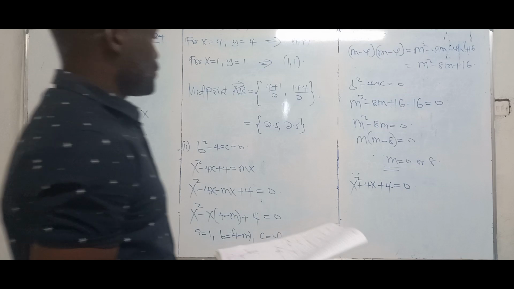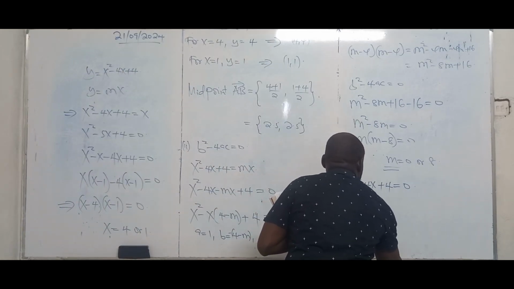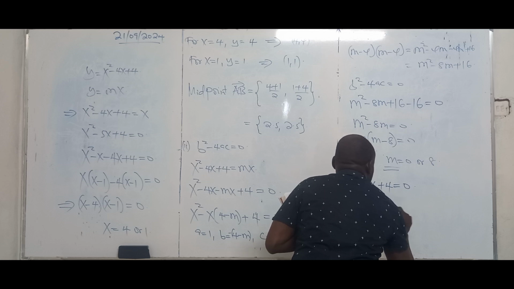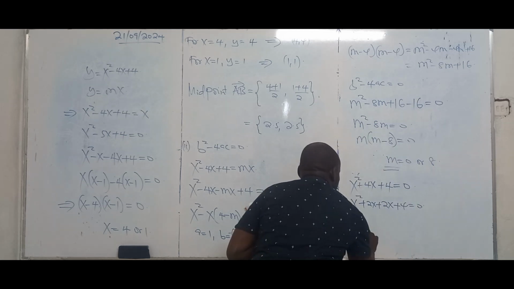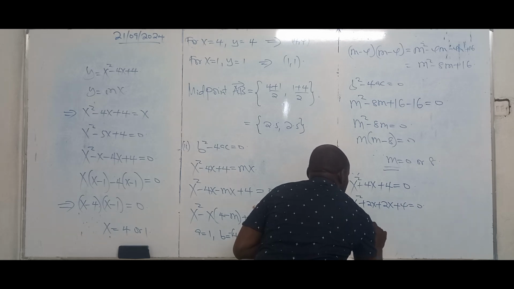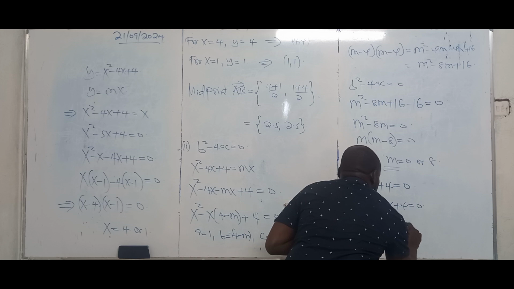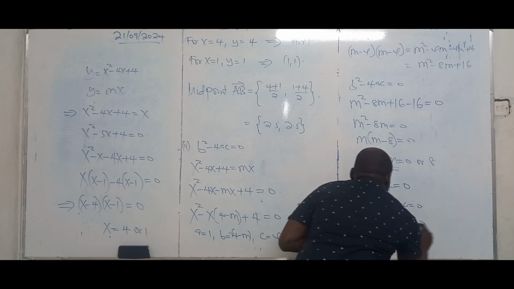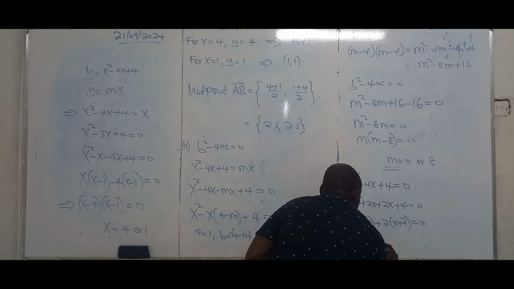So two values whose product gives that: x squared plus 2x plus 2x plus 4 is equal to 0. And so by factorizing, I get x plus 2, then again I have x plus 2 is equal to 0. So that means that x plus 2 squared is equal to 0.